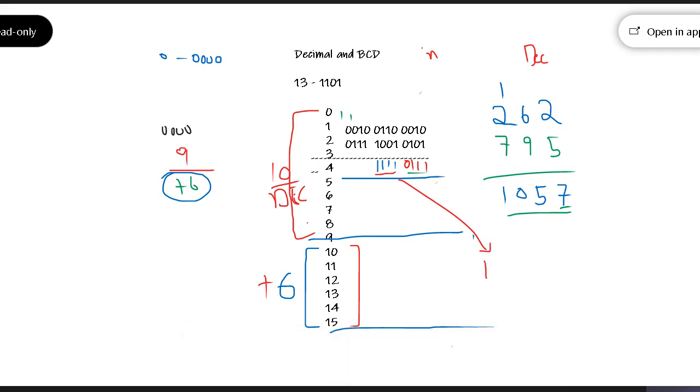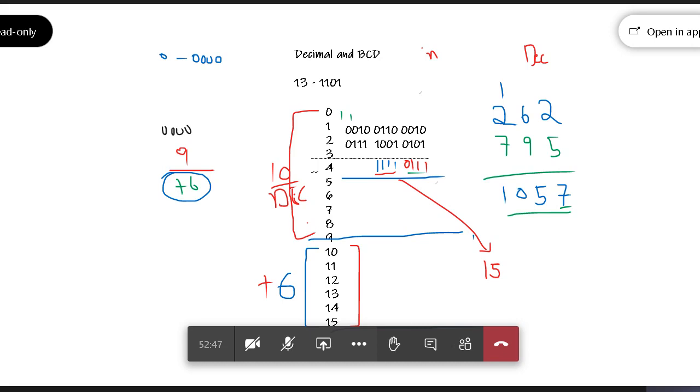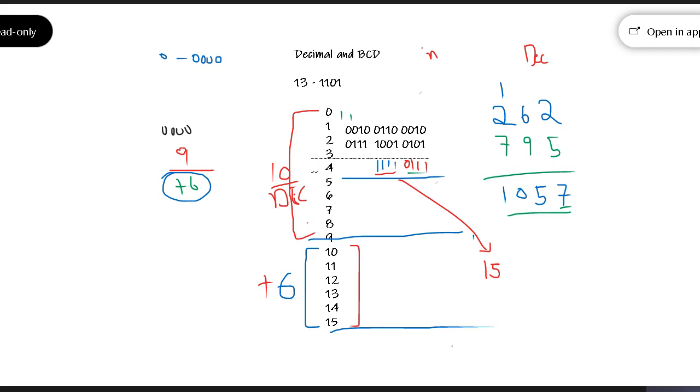Now, can you represent 15 in BCD? No. What is the maximum? 9. So this is wrong, right? I can't write it as 1111, because that is the value 15. Just because in 15, 5 is there, I can't write like that.